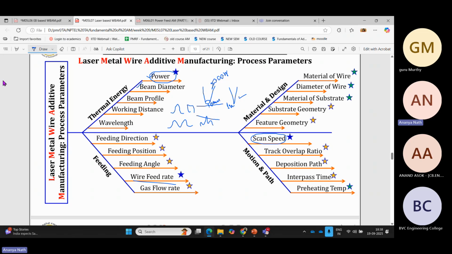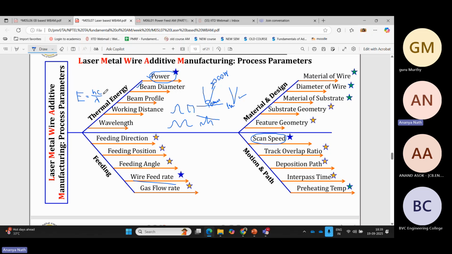If I talk about how the laser gets absorbed in the metal, then I have to write this well-known equation, E equal to hc by lambda. We all know what the parameters are, but this E is inversely proportional to lambda, the wavelength. When I lower the wavelength, my energy is going to increase.